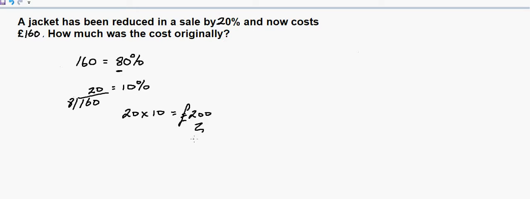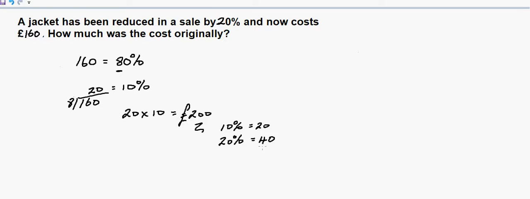Now just to prove that it works, if the original cost was £200 and we reduce it by 20%, well, 10% of 200 is 20. So 20%, which is what the reduction was, is going to be 40.